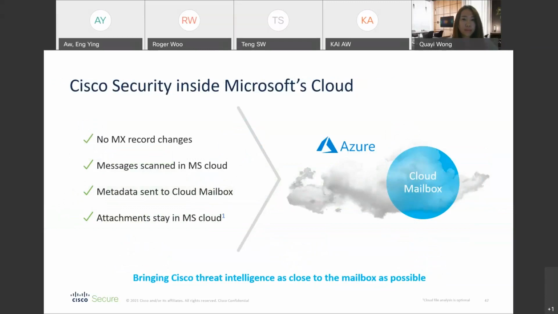It's all through API and the journaling of the Exchange. We will not store any emails in our cloud. We will just do the scanning of the emails through the API.